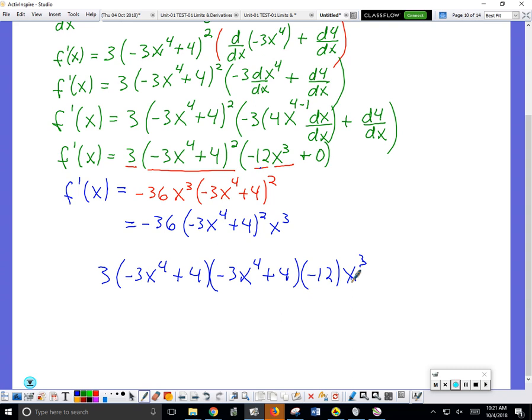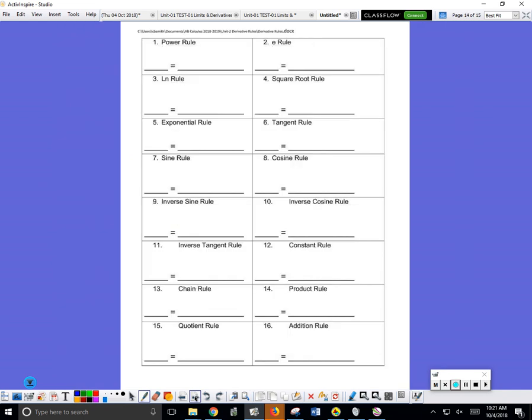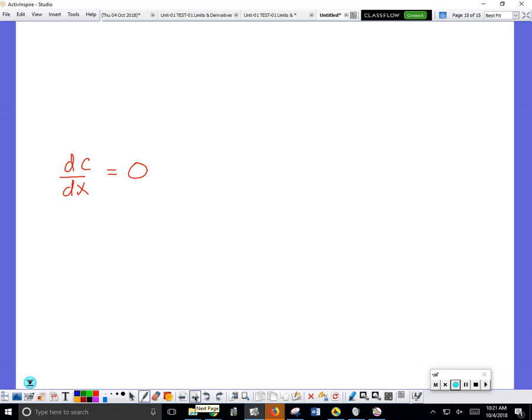Okay, cool. Next one. Go to number 3. So 3 says inverse cosine of 5x to the 5th, is that correct?